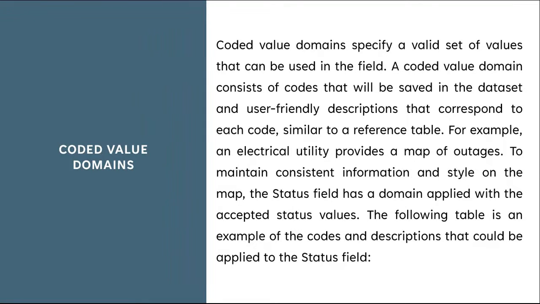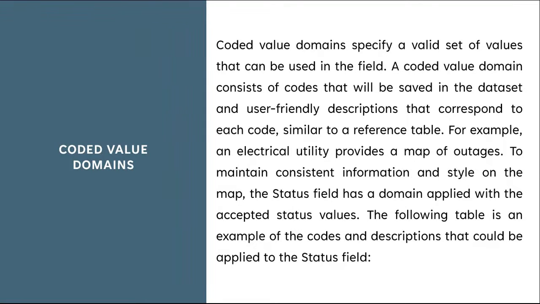to each code. Similar to a reference table, for example, an electrical utility provides a map of outages to maintain consistent information and style on the map. The status field has a domain applied with accepted status values.